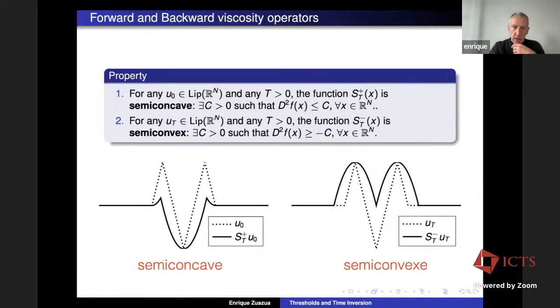So you see that on the semi-concave function, solid function on the left, which is the output of the forward viscosity solution of Hamilton-Jacobi, you see that indeed uxx is bounded above. Why? It's not bounded below. uxx is not bounded below. Actually, there is a peak. There are two Lipschitz peaks. At these points, uxx is minus infinity. And this is not a problem.